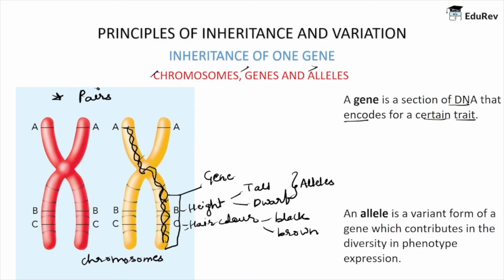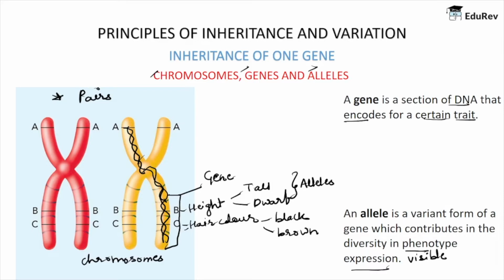So we can define an allele as a variant form of a gene which contributes to the diversity in phenotypic expression. Phenotypic expression means characters which are visible, that you can see with your own eyes. You don't have to study that person's DNA to know what kind of trait that person has, because it's very clearly visible.